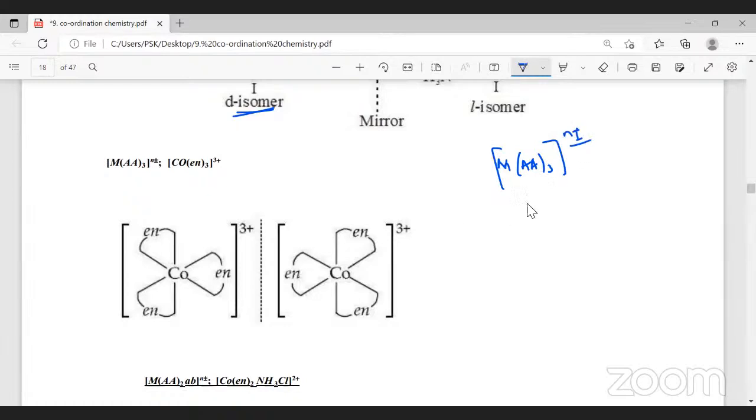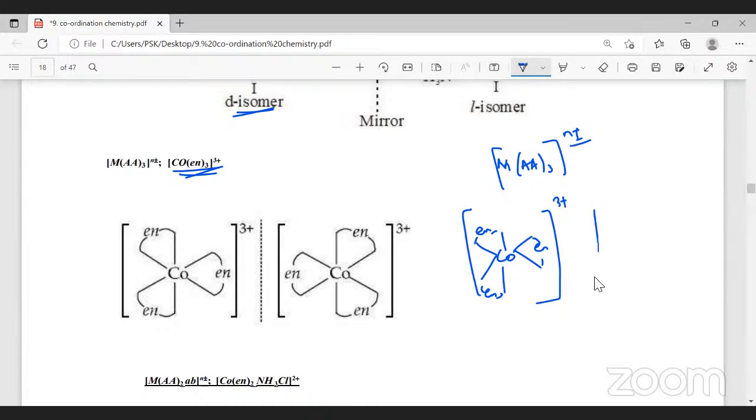The example they've given is cobalt en thrice. What's the coordination number? 6. This is one en, this is another en, this is another en. And the charge is 3 plus.